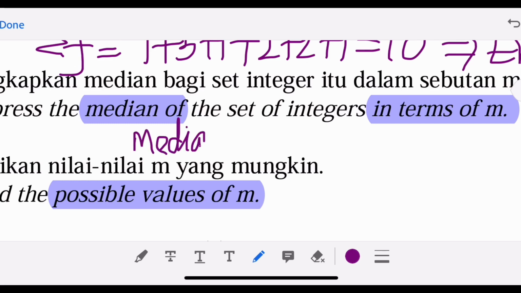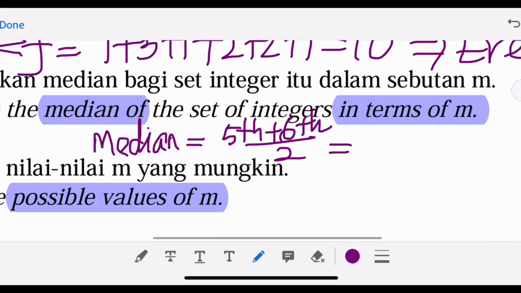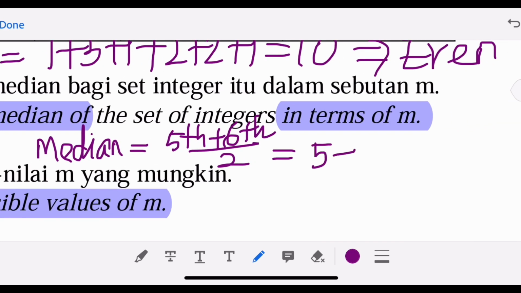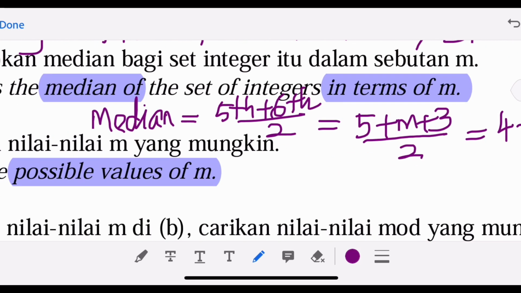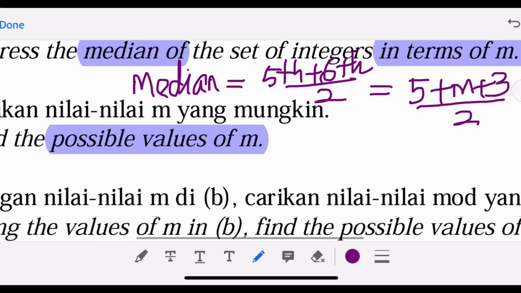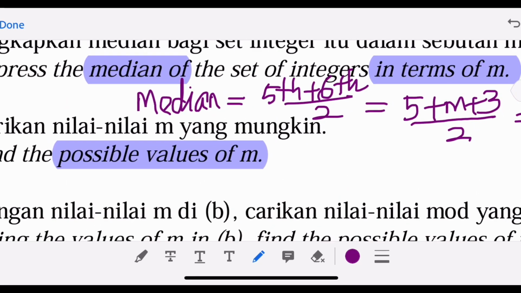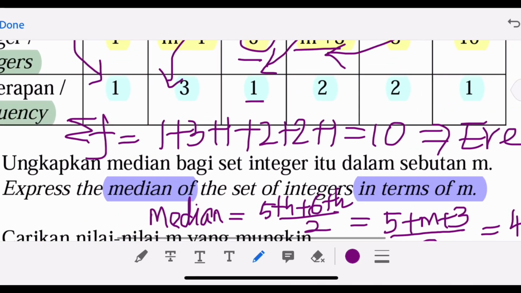So again, I show you how to write the answer. The median is the fifth term plus the sixth term divided by 2. The fifth term is 5, and the sixth term is m plus 3, and you divide by 2. So the answer is 8 divided by 2 is 4, plus m over 2. That is the answer in terms of m.